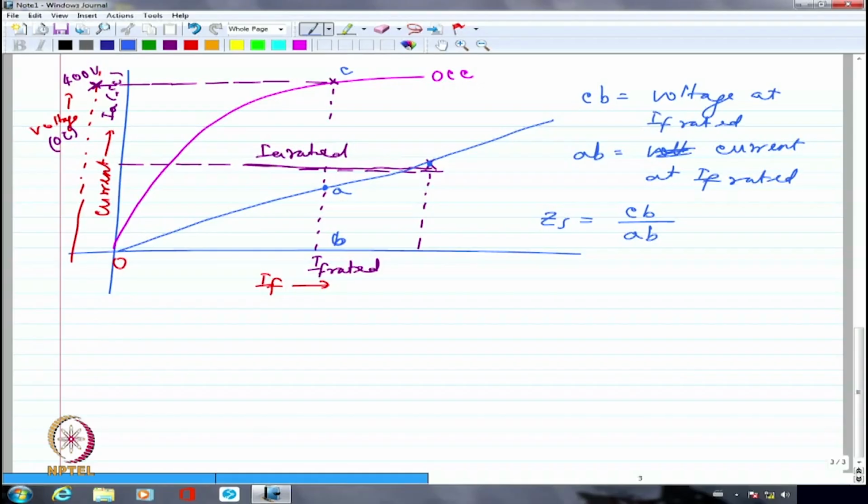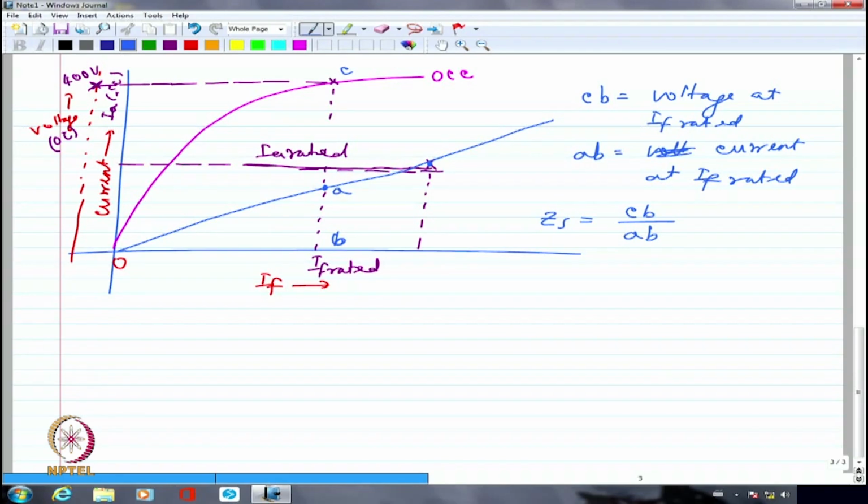That current flow would have reached infinity if the internal impedance of the machine had been 0. It is limited to a finite value only because of internal impedance of the armature. So this is giving me a way to measure the internal impedance. So if I know what is the current that is flowing under rated field condition, that will give me a way to determine what is the internal impedance of the machine. That's what I'm precisely doing.